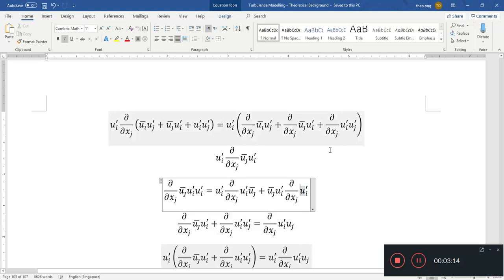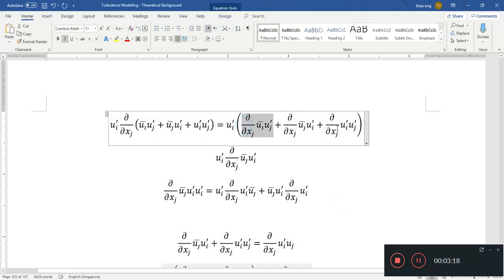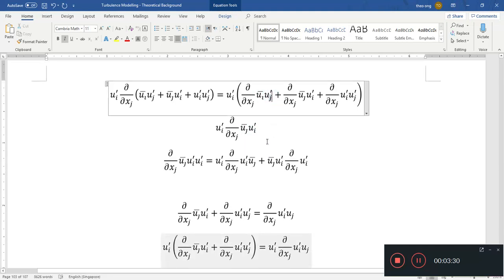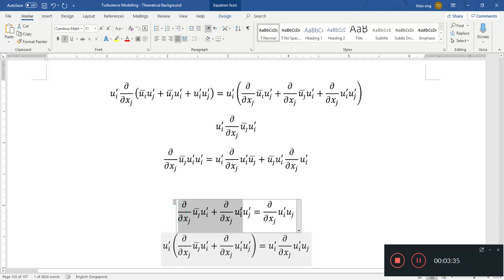For example, you have this term and this term. Okay, something special you will notice about them is that this ui bar plus this ui prime, when you add them together, because these two are the same, so if you notice, I'm taking this term and this term out, I'm putting it here.